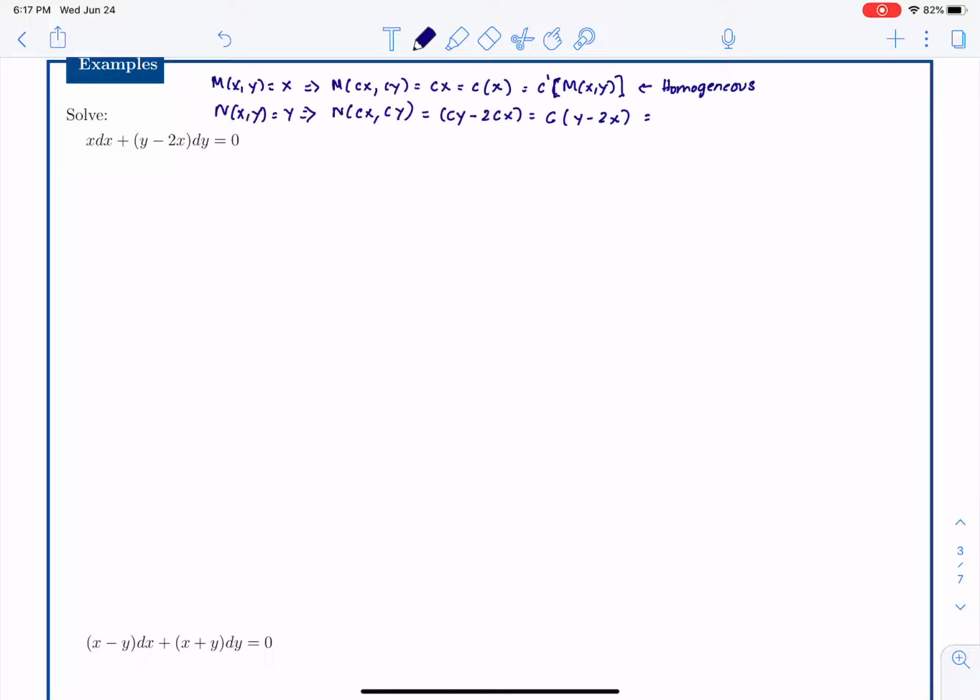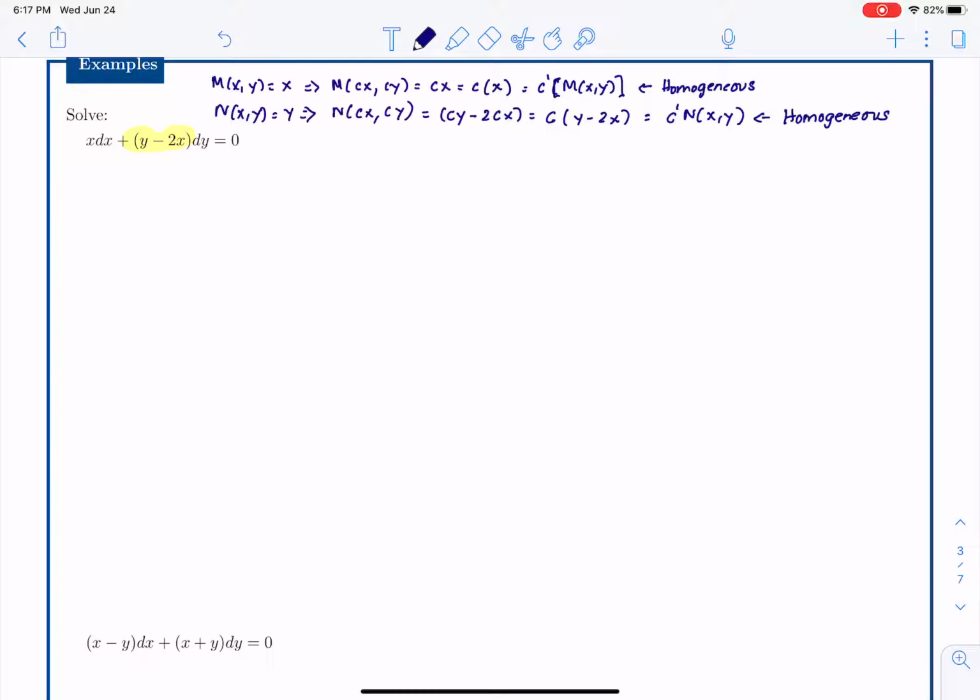But y minus 2x is simply N. So we'd have c times N of x comma y. The degree is 1, so homogeneous. So both M and N are homogeneous. Therefore, this is a homogeneous equation.